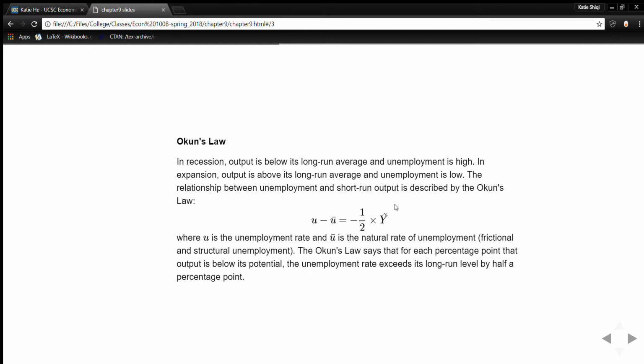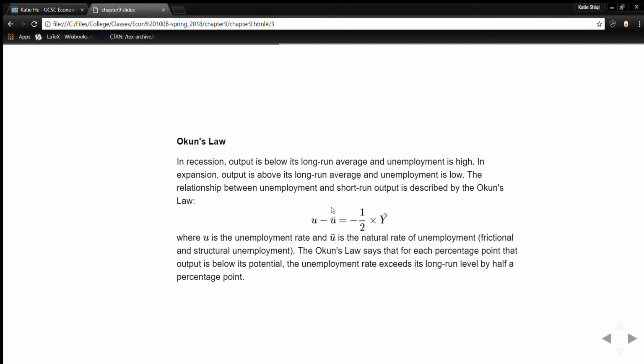And on the right-hand side, we have negative 1 over 2 times y tilde. Once again, y tilde describes how far we are away from our long run average. And the relationship is negative because when we have a booming economy, we will have a positive y tilde because yt will be greater than y bar. In that case, unemployment should be low, so this number should be negative on the left-hand side.